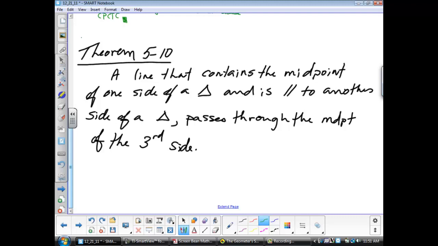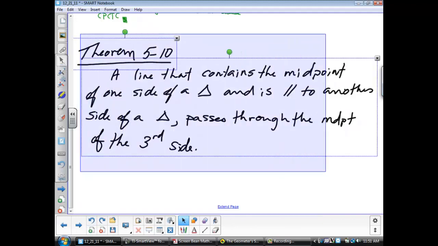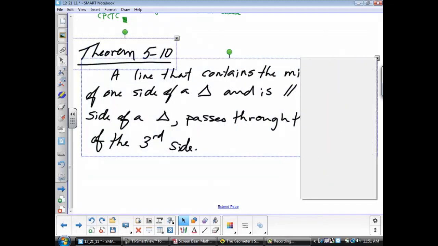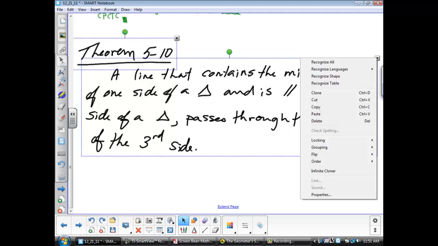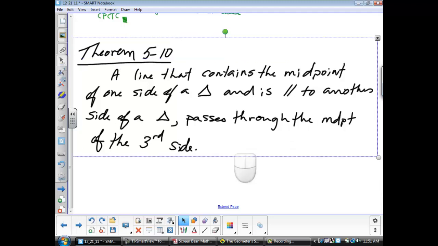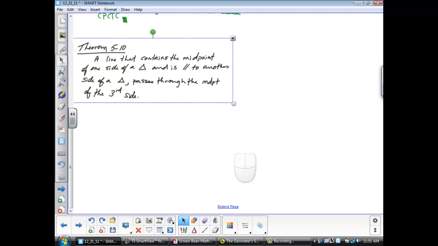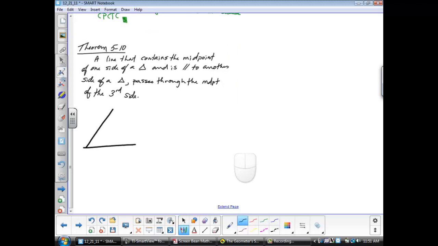So our diagram here is going to have a triangle with a line passing through the midpoint of one side and parallel to another side.